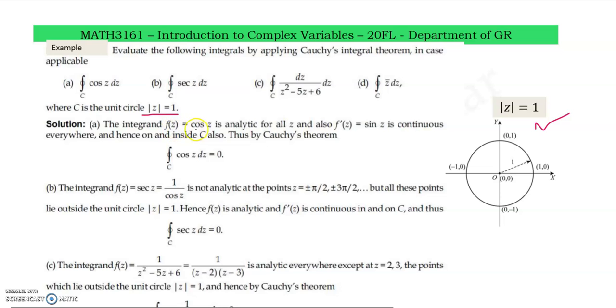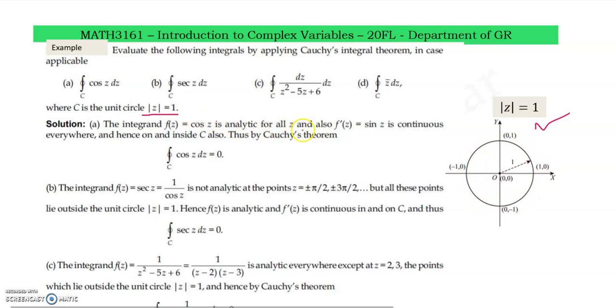Now what is the first one? The integrand f of z equal to cosine z is analytic. Yes or no? Yes, this is analytic. If you have doubt, you can check this through the CR equations. Definitely it is analytic. But we have to check that the points which lie inside and on the boundary of C are analytic.